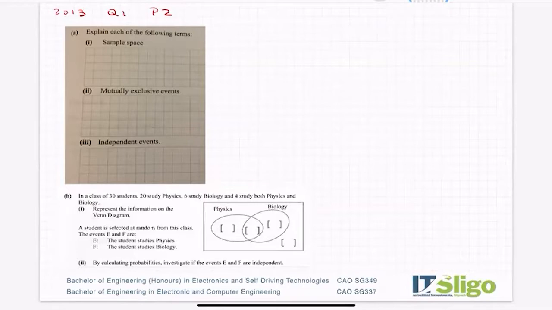Okay, so part B then: in a class of 30 students, 20 study physics, 6 study biology, and 4 study both physics and biology. Represent the information on the Venn diagram. A student is selected at random from the class. The events E and F are: E, the student studies physics; F, the student studies biology.